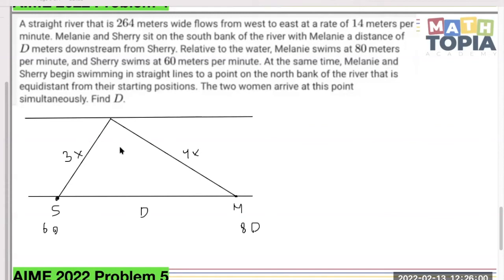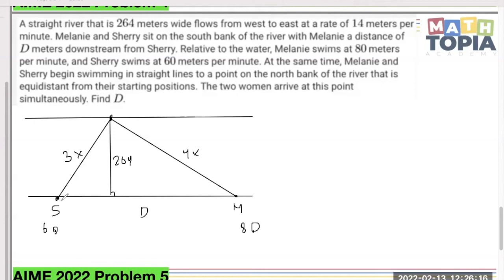So they both swim in straight lines towards this point. And at this part, it's very helpful to drop an altitude because we know that this is 264.